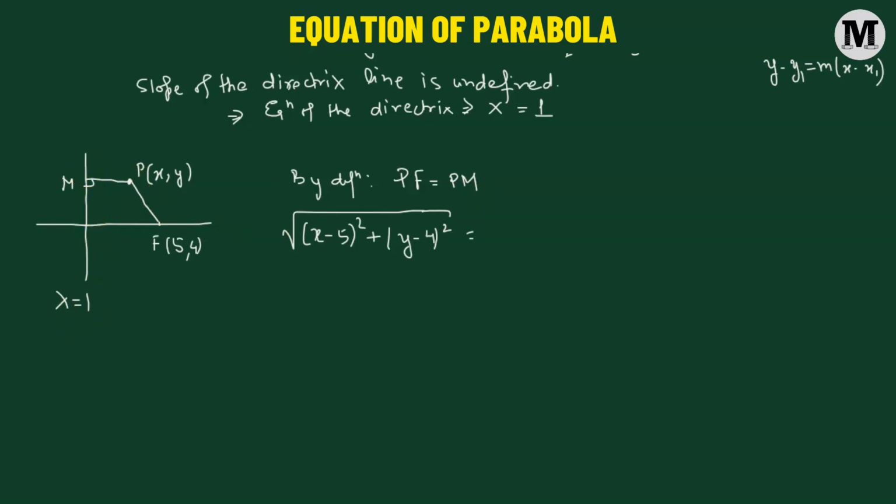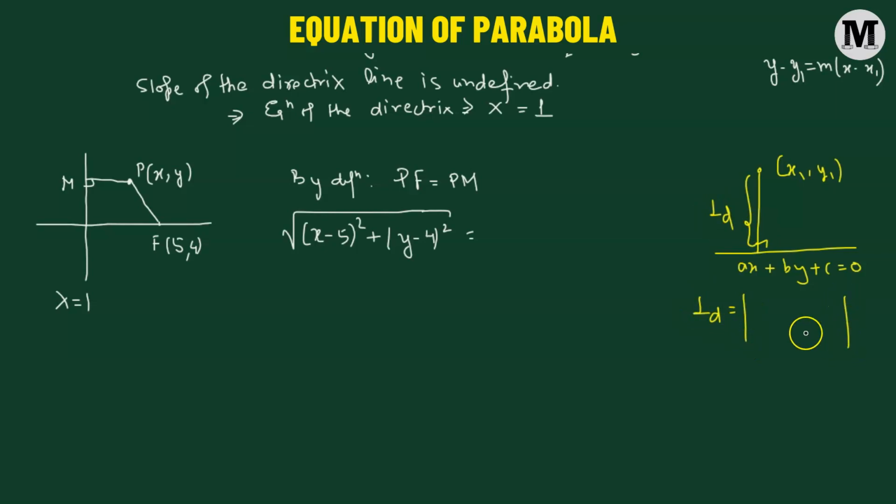Now there is a standard formula for finding the perpendicular distance. Let's say we have a point with coordinates x1, y1, and a straight line with the equation ax plus by plus c equals 0. If we drop a perpendicular from that point onto the straight line, this perpendicular distance can be obtained using the formula.